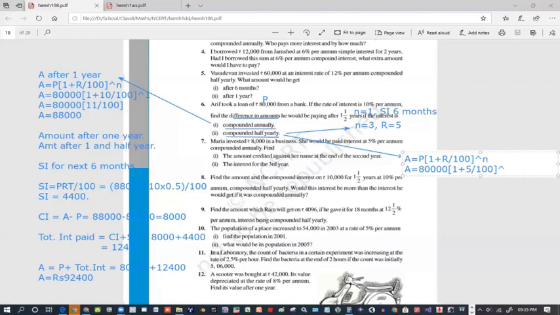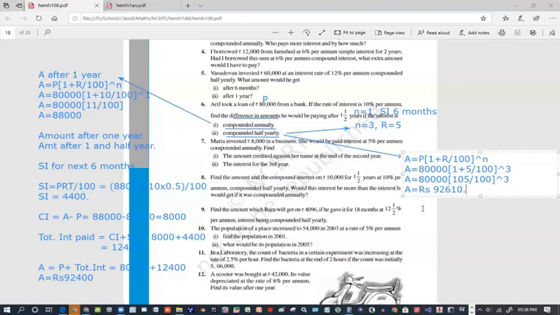It is for 1.5 years, so N will be 3. So A will be equal to 80,000 times (105/100) to the power 3. So A will be equal to rupees 92,610. Note it, this will be the answer for the sixth second one.